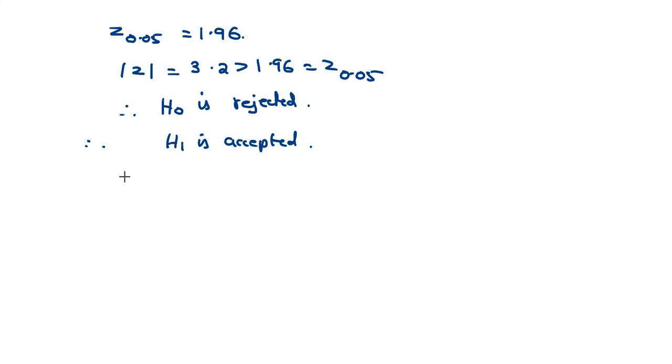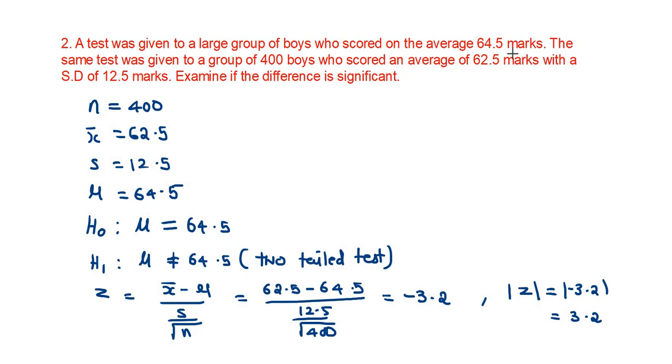Hence, the difference is significant. So the sample is not coming from the population with mean 64.5. That is the conclusion.